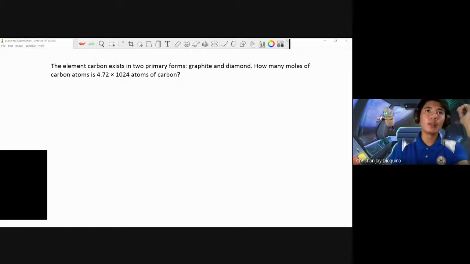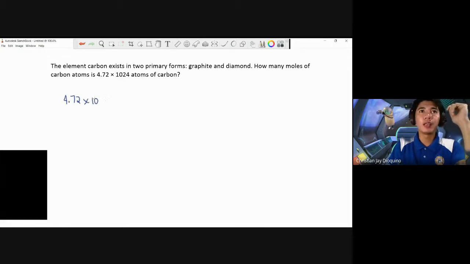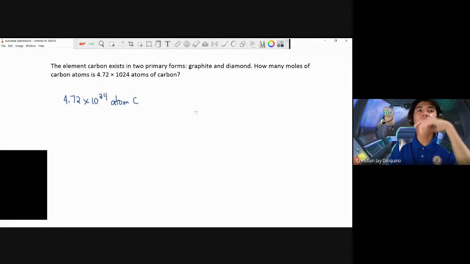So, ang gagawin lang natin dyan is a simple conversion. First of all, lalagay lang natin kung ano yung given natin, which is 4.72 times 10 raised to 24, then atom of carbon. Then, for every 1 mole, there is an equivalent 6.02 times 10 raised to 23rd atom. Kasi atom yun nandito, so therefore, ang gagamitin natin for representative particle is also atom.